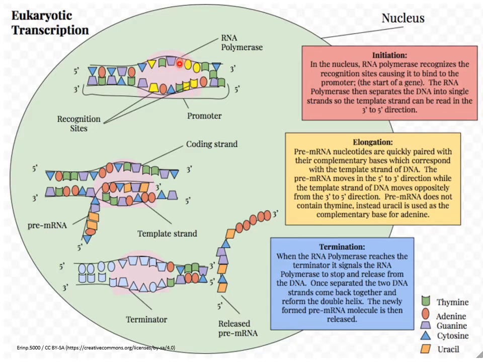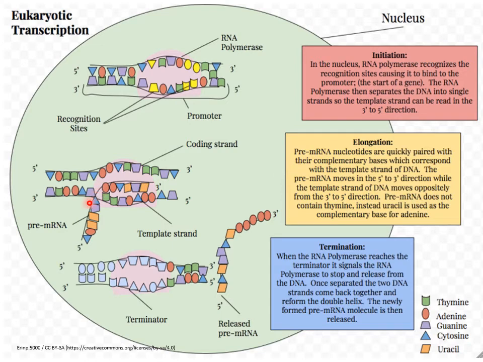An RNA polymerase will latch on and start copying, making a complementary strand of pre-mRNA that matches the DNA sequence. So it's making an mRNA copy of the gene. The initiation is where the RNA polymerase latches on and the two strands of DNA separate.